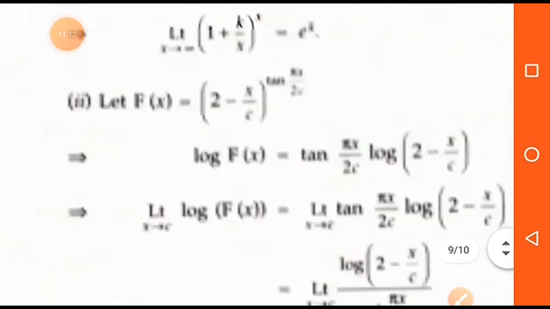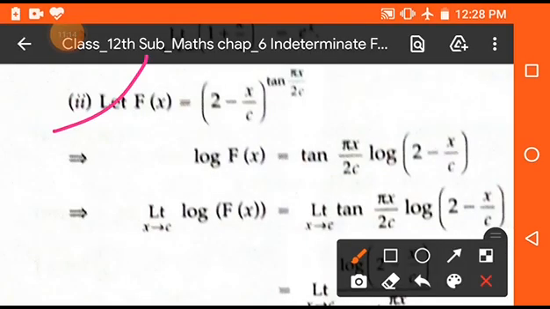See, the new example is, let f(x) be a function which is given by (2 minus x upon c) to the power tan(pi x upon 2c). So here we have to take log both sides. So log f(x) is equal to tan(pi x upon 2c) into log(2 minus x upon c), using the property log m to the power n. Clear?